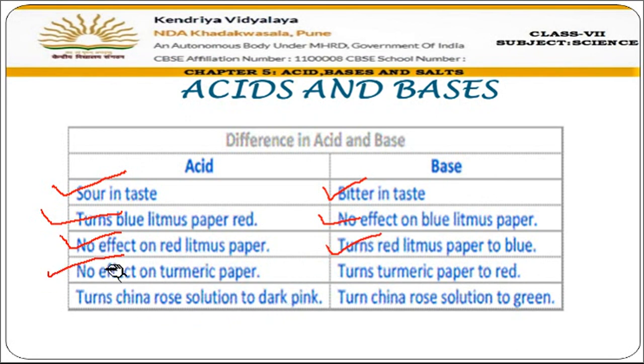Acids have no effect on turmeric paper, meaning turmeric paper does not show any kind of change. But with base, turmeric paper turns red. Fine. Acids with China rose turn dark pink, and base with China rose turn a green shade. Fine, this you have to remember.